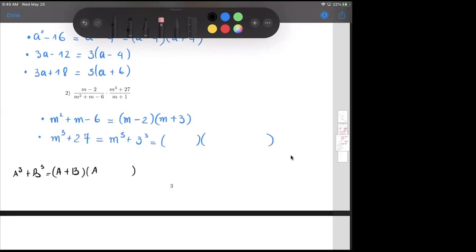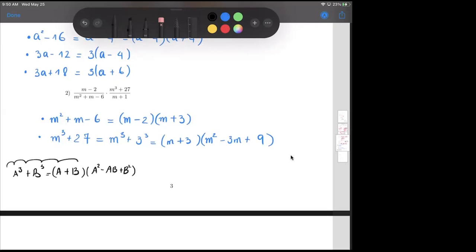Is it m plus 3? Yeah, exactly. You're getting it. M plus 3 times m squared plus 3m plus 3 squared, which is 9, right? You mean minus 3m, right? Remember SOAP: same, opposite, always positive.